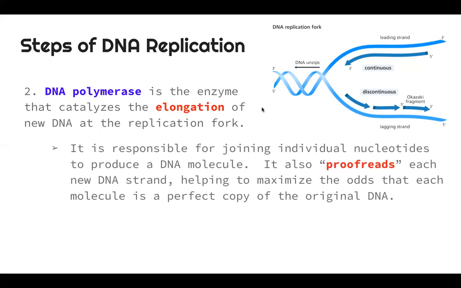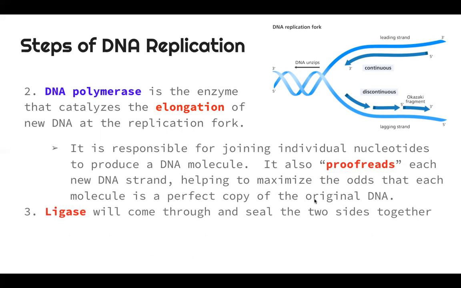So DNA polymerase is actually responsible for connecting the nucleotides. It is going to connect the nucleotides onto this template strand, and then it's going to proofread that strand. You have to make sure that you actually did it correctly, the way you guys are supposed to proofread your work before you turn it in.